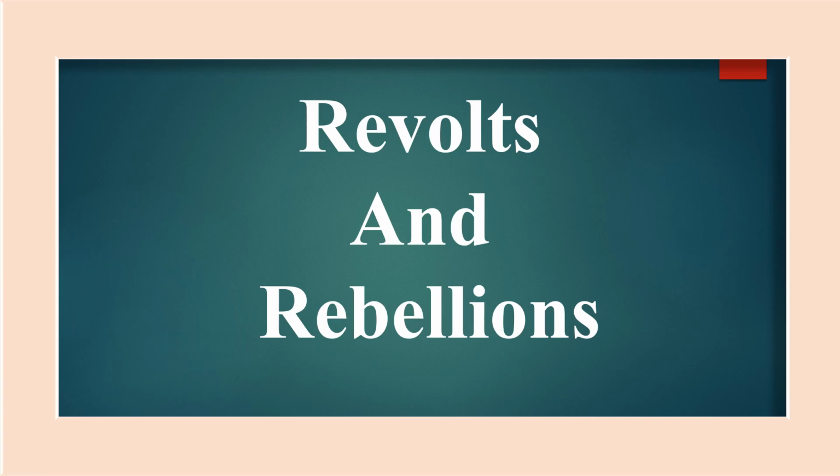Our next topic is revolts and rebellions. We have seen that terrorist violence or even military revolts do not need the support of the masses. It is essentially an action carried out by a determined group of people. But revolts and rebellions take place because of popular disaffection.